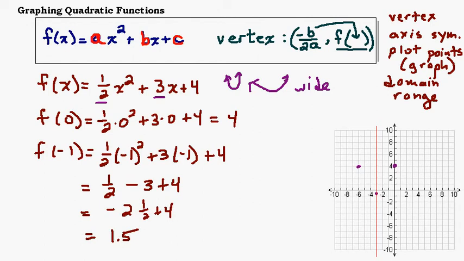Moving back and forth between decimals and fractions, hopefully with a half, that doesn't bother you too much. So here's my point, negative 1 and positive 1.5. That looks pretty good for my parabola.